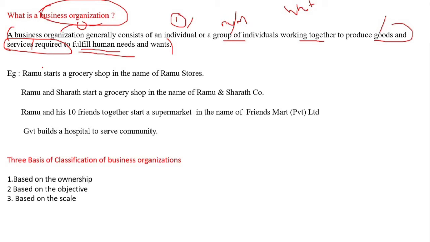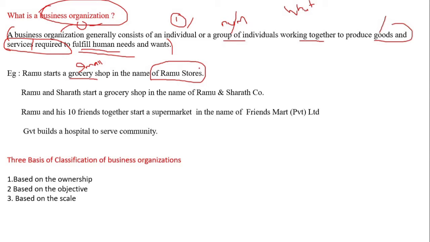Right? We'll go for an example. I have given 4 scenarios here to understand what is business organization. So, in my first example, Ramu, a single person, an individual, starts a very small grocery shop in the name of Ramu Stores.